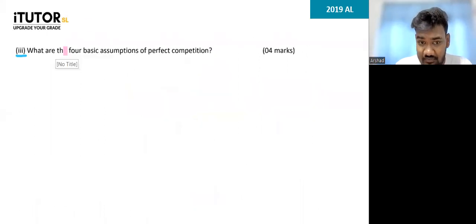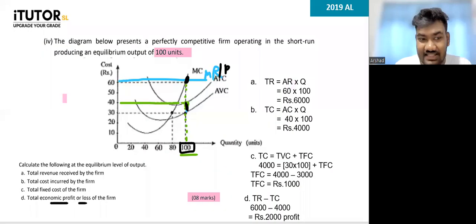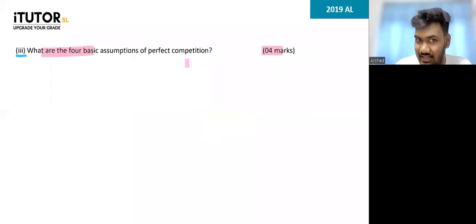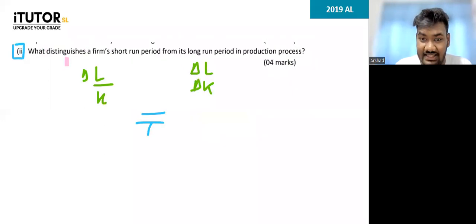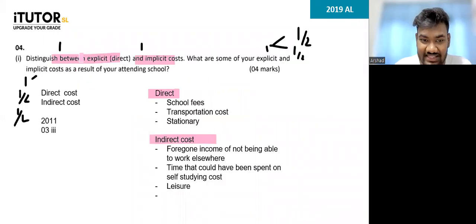So you could have easily done this right now. This 8 marks is nothing. This 4 marks is nothing. In this, I don't think this is anything either. Difference between short run and long run. Maybe you didn't get the full mark, you wrote some nonsense for the examples, so let's say you only get 3 marks.